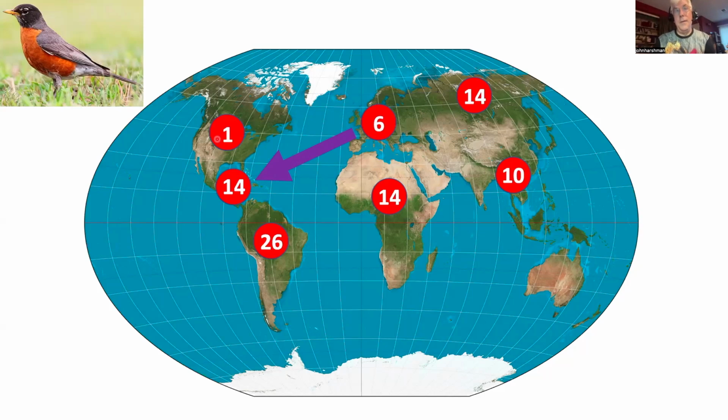For some reason, they didn't go north, possibly because they're tropical or subtropical species. But that's at least a partial explanation. The entry point was not, as with most birds that get to America, across the Bering Strait or from the east. It was across the Atlantic from somewhere in the vicinity of Spain.